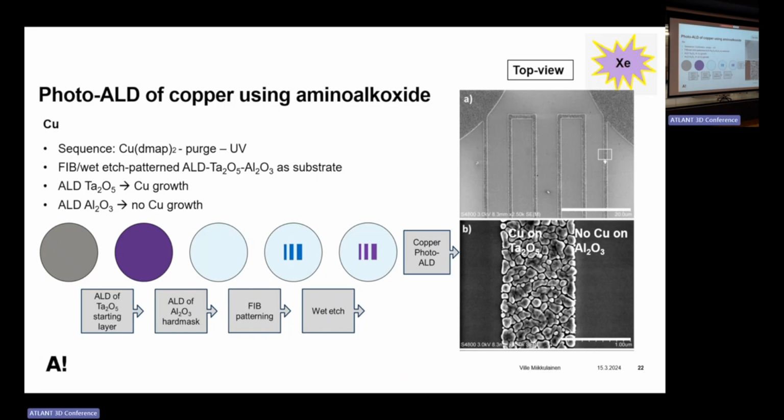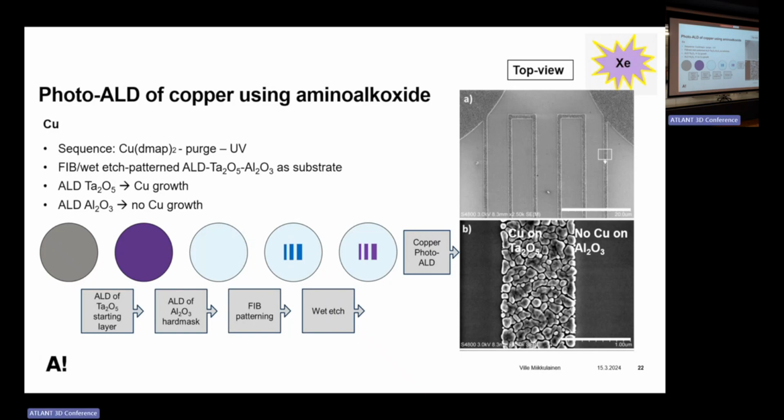So we found that the underlying film or the underlying substrate has quite a critical role in this process. So for some reason, we don't know yet, ALD tantalum oxide was the magical material where the copper did grow. So we did this kind of patterning with FIB and wet etch.